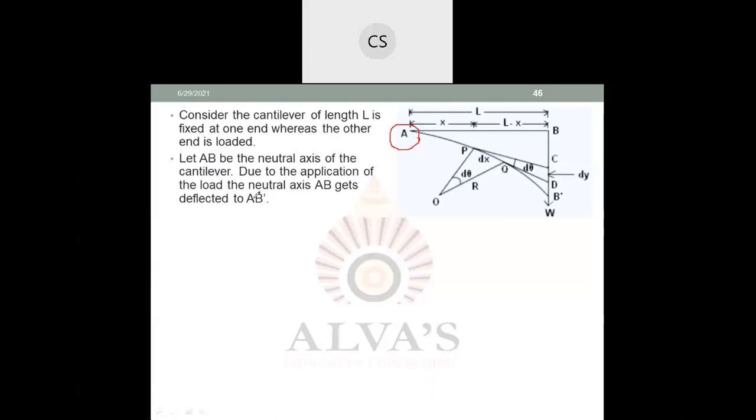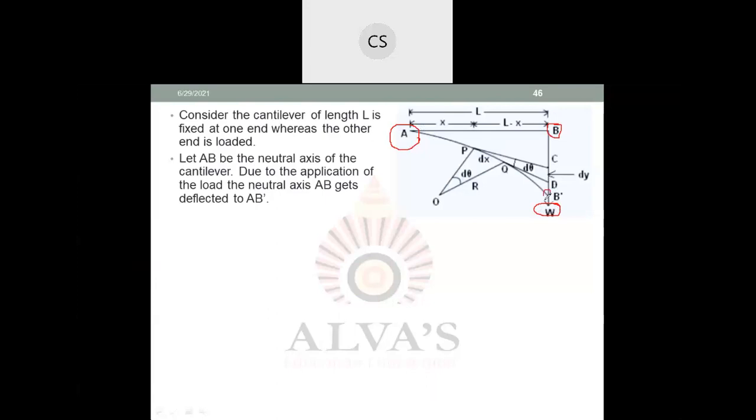Now, whenever end B is loaded with W, then B undergoes depression to B dash.